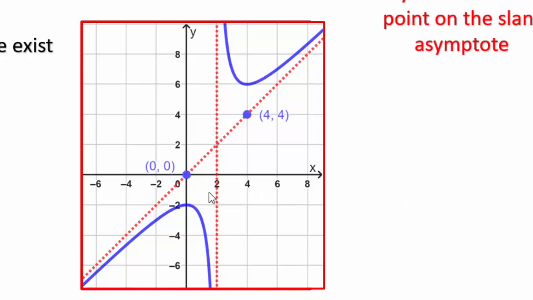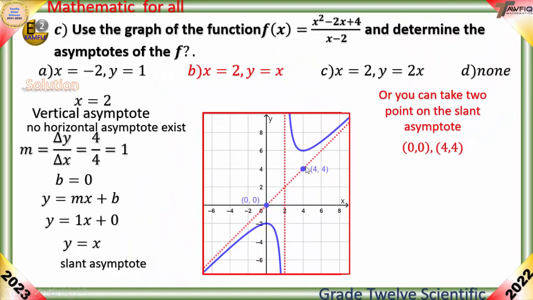If we take (0, 0), because the line passes through (0, 0), and (2, 2), (4, 4), (6, 6), and (8, 8), that means y equals x is the equation of this function. But we are going to use these 2 points to find the slope of this line.